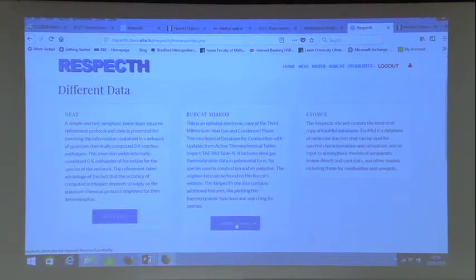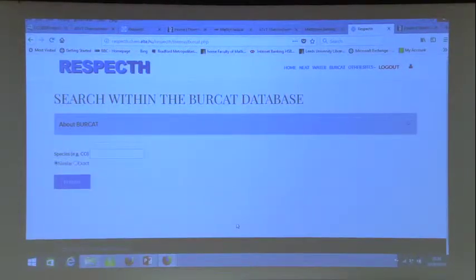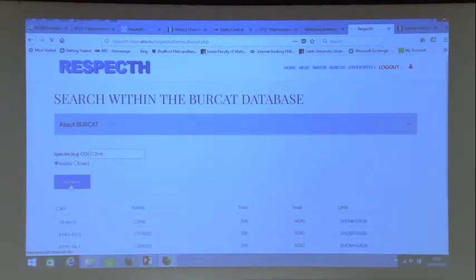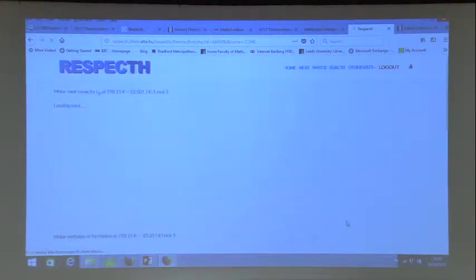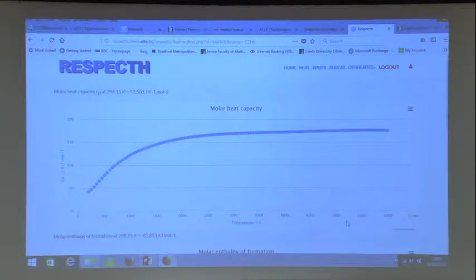there is a really rather nice application here. So what we can do is put in a species, say, C2H6, search, show data. And what this gives you is plots of the thermochemical data.